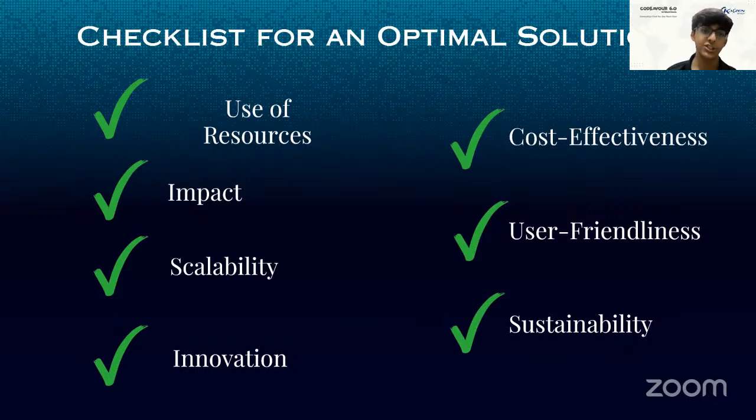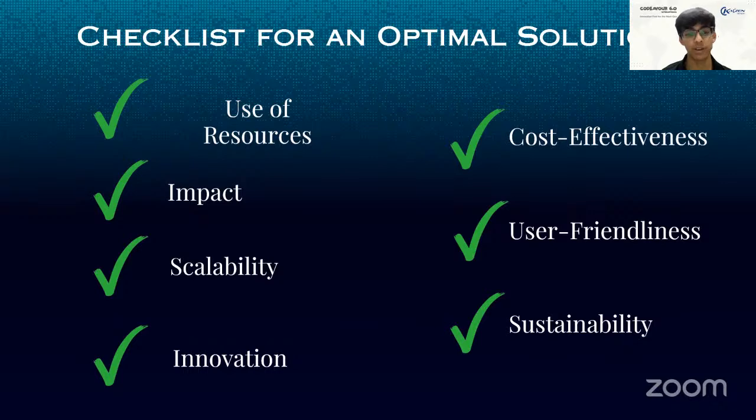All these questions need to be answered in the scalability aspect. And if you can't check off all these aspects when you've built out your solution, you might need to rethink how you're going to present it to the judges, because these questions are very prevalent in your presentation round. So justifying your solution and also having a mental note that this solution is optimal enough is very important.